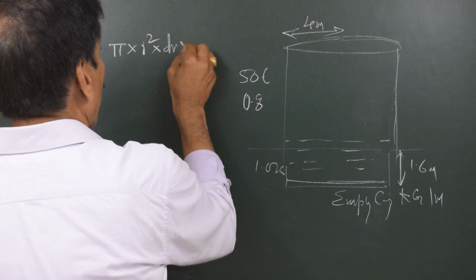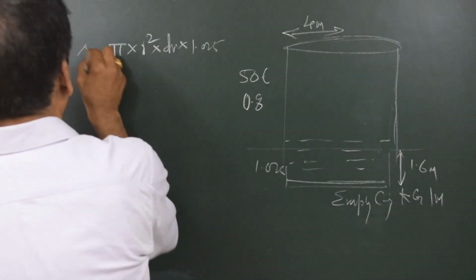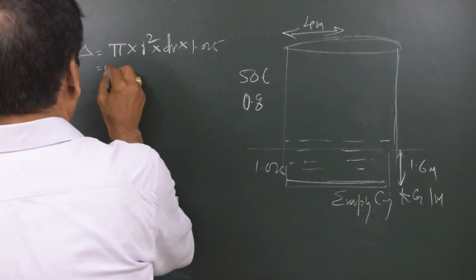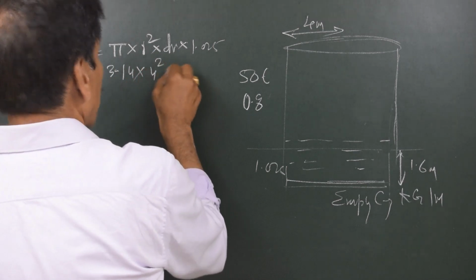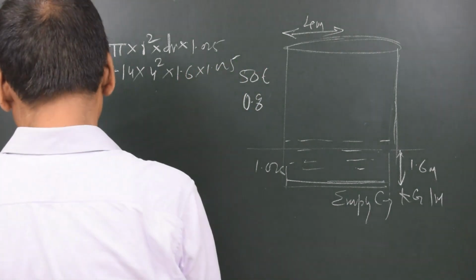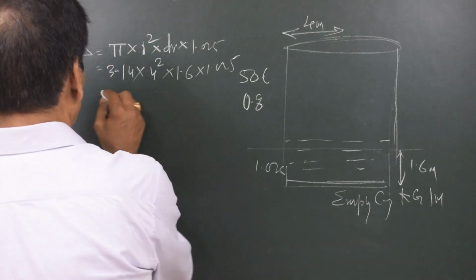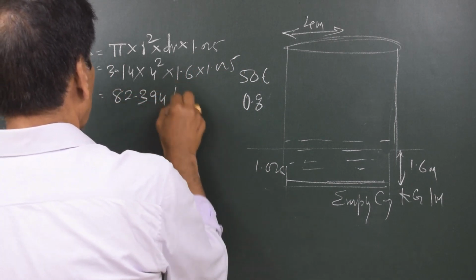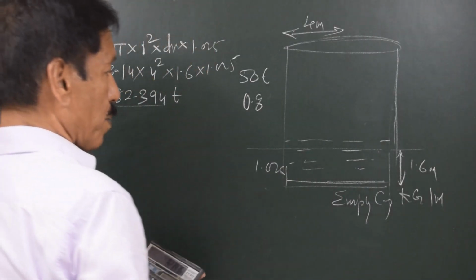This volume multiplied by the density 1.025 is the light displacement. So this is 3.14 into 4 square into 1.6 into 1.025, which gives me 82.394 metric tons. So this is the light displacement.